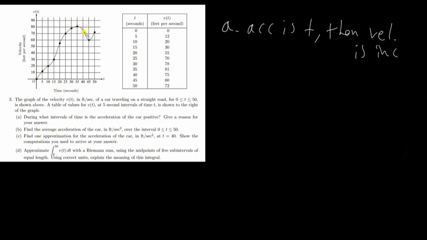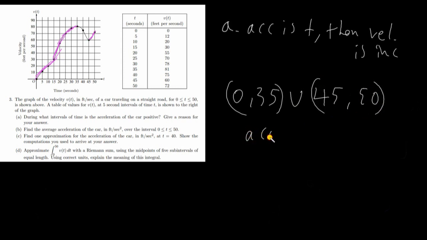So we can look on this velocity graph, and whenever it's increasing, whenever the velocity is going up, we're going to have a positive acceleration. So it looks like we're going up here, we're going up, and then here we stop and we're going down, and then at 45 we go back up again, right? So it looks like on the interval 0 to 35, and on the interval 45 to 50, the acceleration is positive, right?